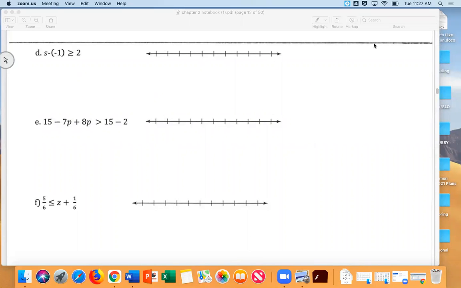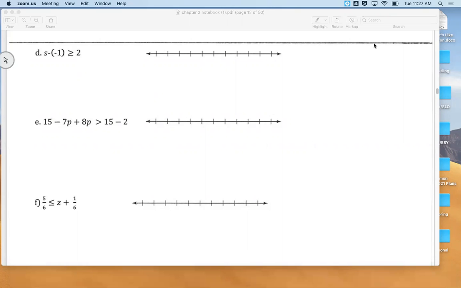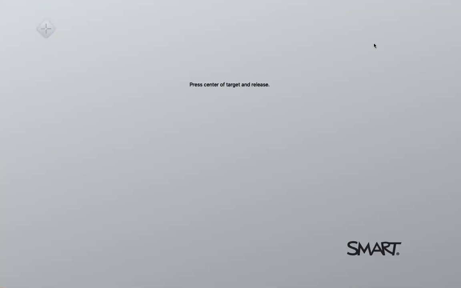All right, this is where we left off yesterday. Right? Ready, Ava? It doesn't have a page number.